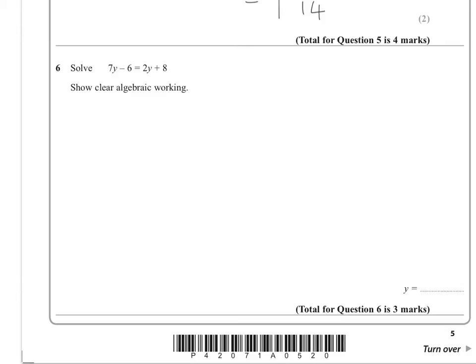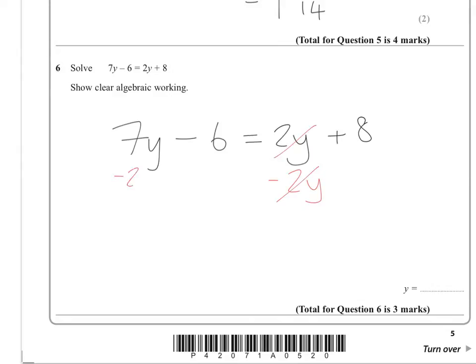Question 6, solve. Well, when I'm solving an algebraic equation, I need to bring all of the unknown terms onto one side. So first of all, if we take away 2y from the right hand side, and do the same to the left hand side, leaving me with 5y minus 6 equals 8.